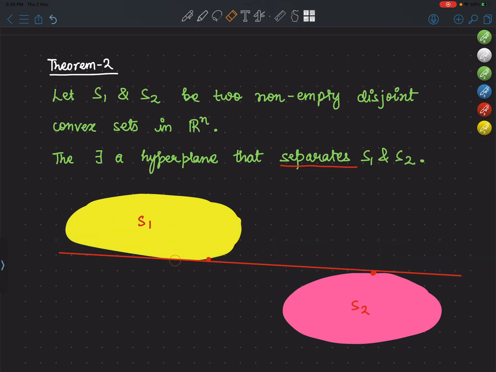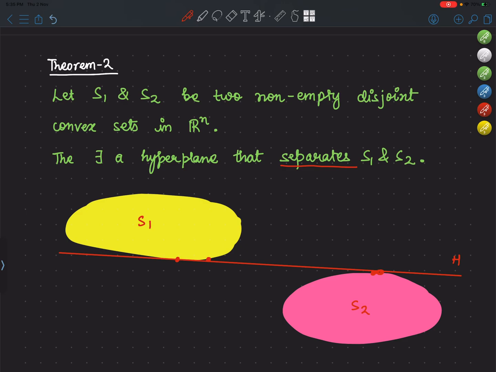So let's say this and this. So there always exists a hyperplane that separates the two. So this is theorem 2, and this also we are not going to do the proof because the proof is really easy. I leave it to you as an exercise.